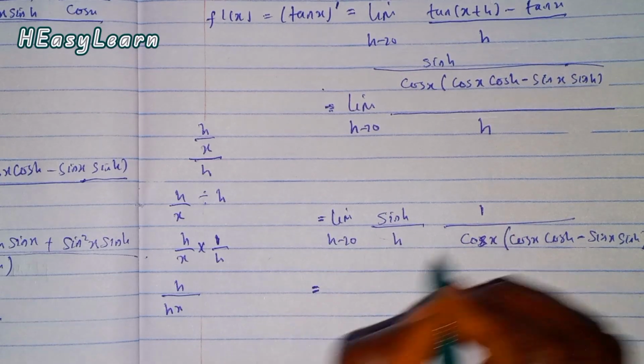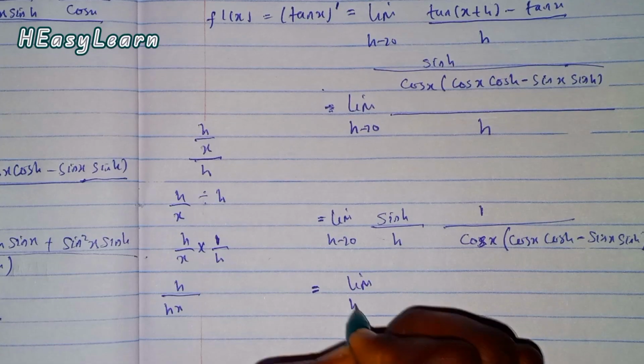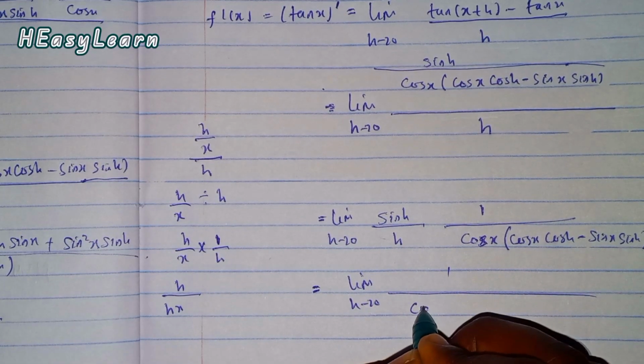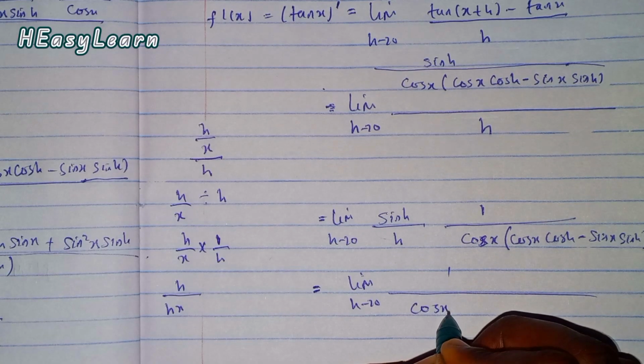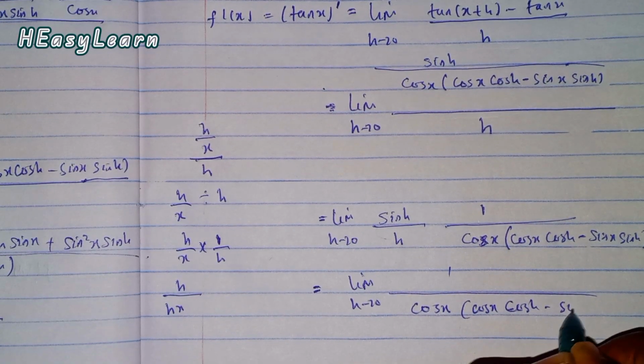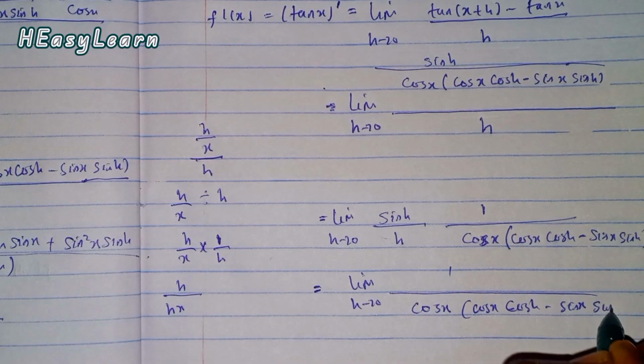So the limit is now acting on the limit h approach 0 of 1 over cos x cos h minus sin x sin h.